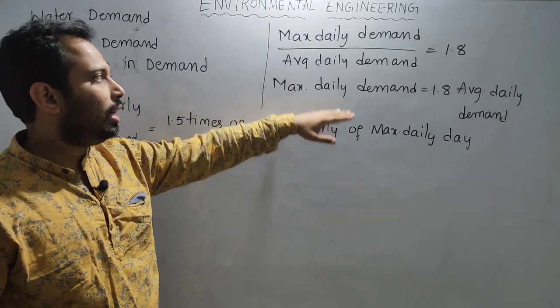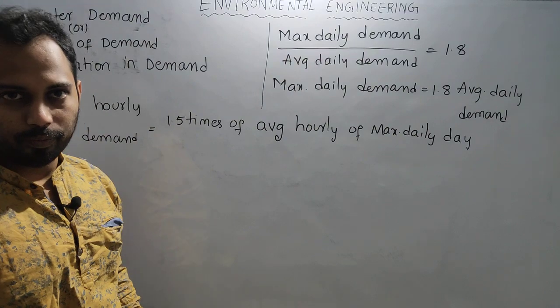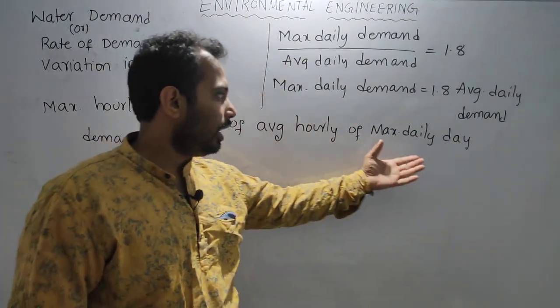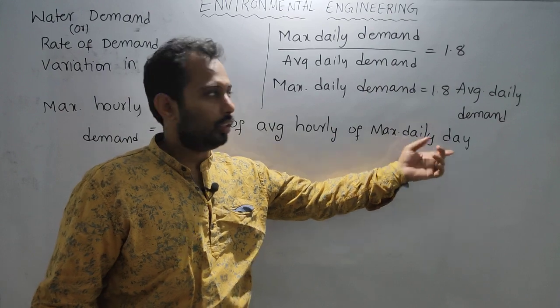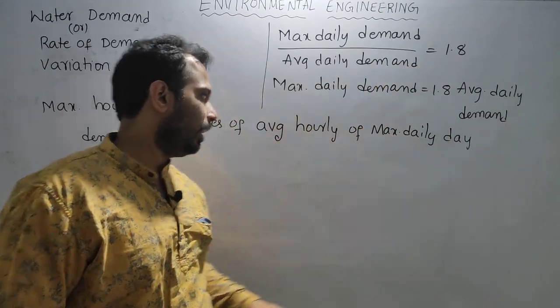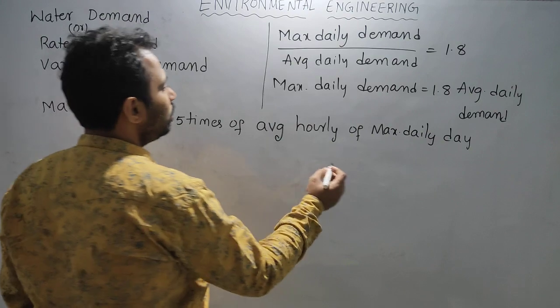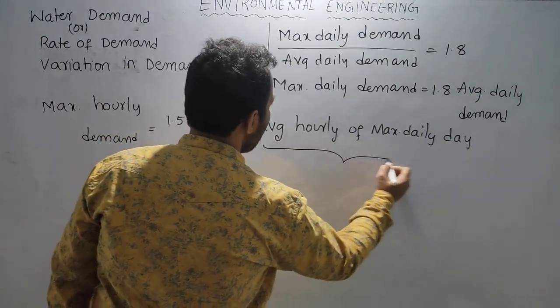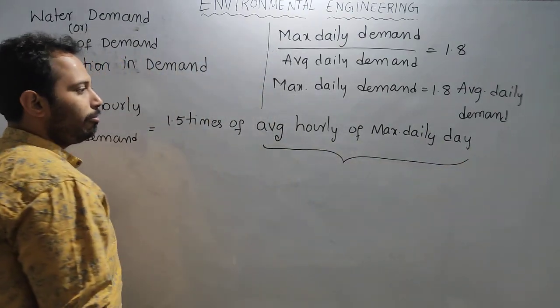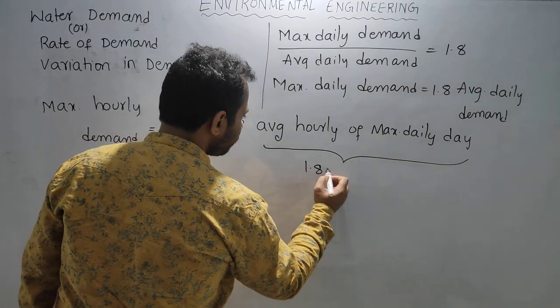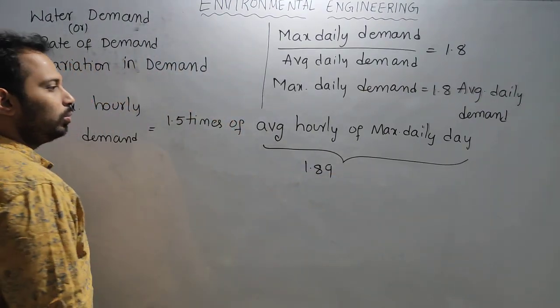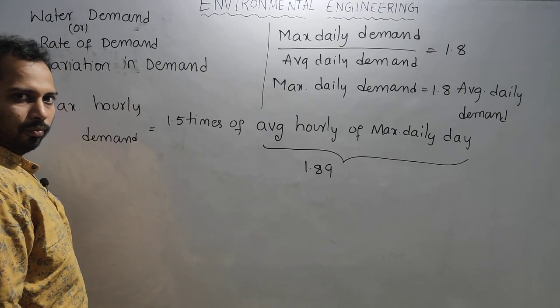It is 1.8 Q. On a maximum daily day, the discharge needed is 1.8 Q. So the average hourly of maximum daily day will be equal to 1.8 Q.